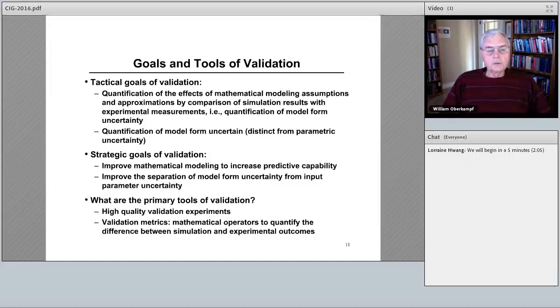The other major tool that has been developed over about the last 10 to 12 years is called validation metrics. You may have heard this term. These are mathematical operators to quantify the difference between simulation and experimental outcomes. This idea has been around for a long time; for example, hypothesis testing is a particular type of validation metric.